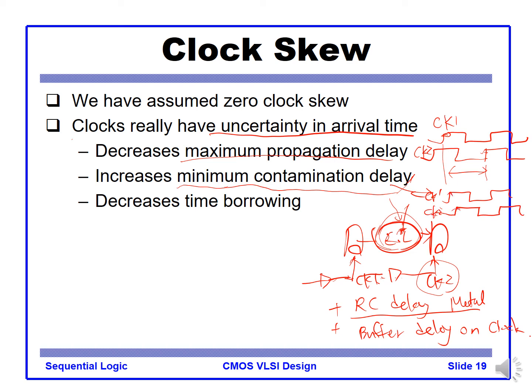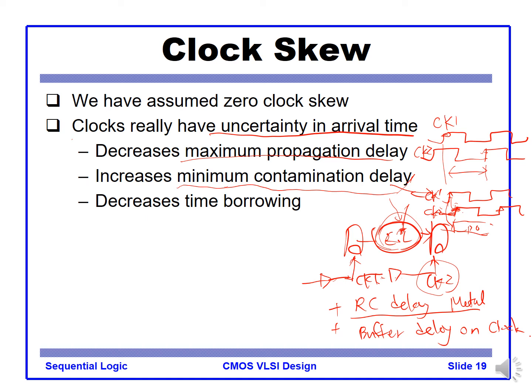From this arrangement, you can have a chance of data being latched just next to the clock 2 rising edge. We wanted to catch the data launched from the clock 1 on the next rising edge, but by having clock skew, the clock edge at the same time will catch the data.